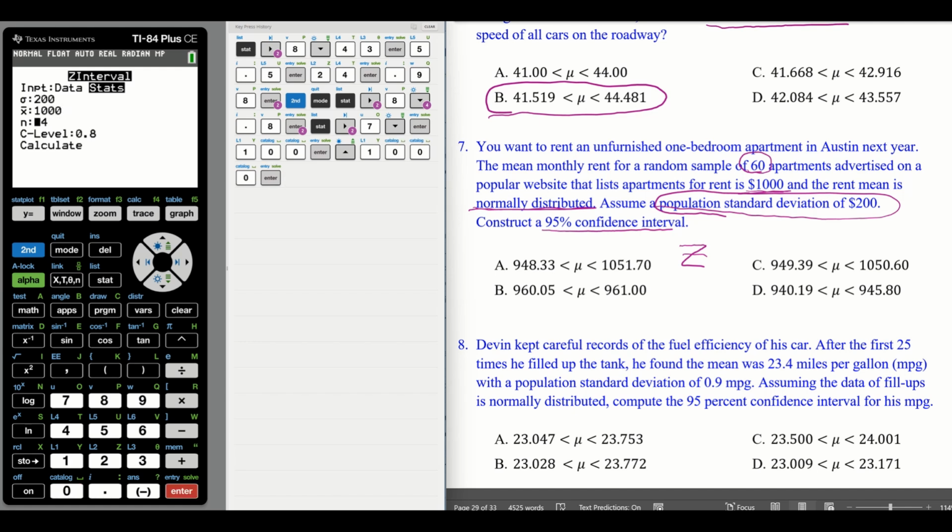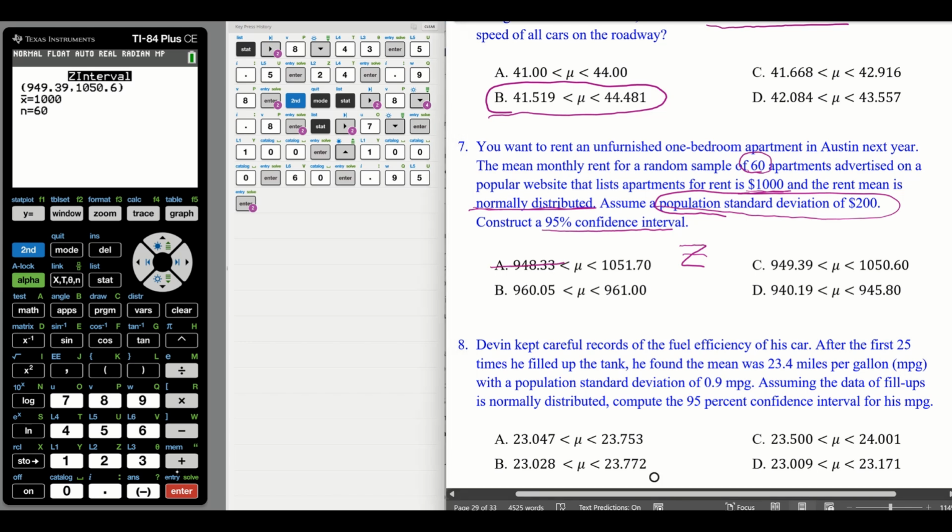Okay, now we have a large enough sample size. We push enter, but they want 95, so 0.95. And we have $949.39 would be our lower price. So that's too low. This one's too high. Too low. Our answer has to be C.